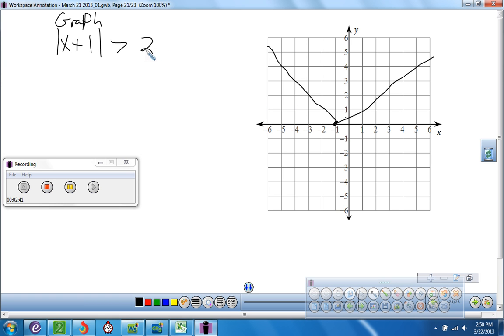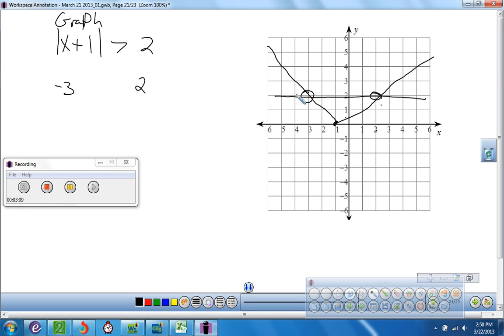So here, we'll go at 2. So we'll draw a straight line going across. Alright, now, what we do is where they intersect are our answers, and then we have to figure out if it's above it or below it. Alright, so this part would be x is 2. Okay, and this part, x is negative 3.